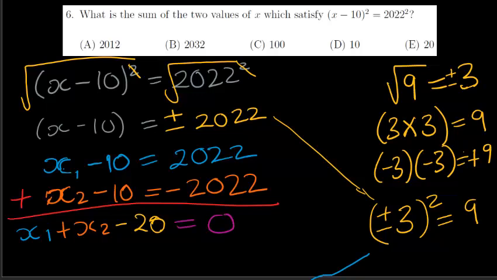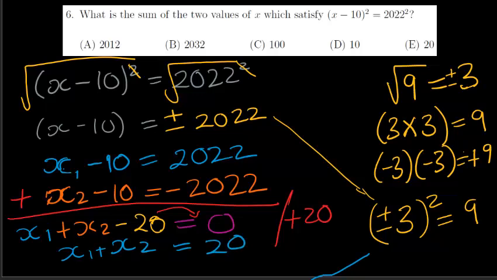I hope we're in agreement. So my next step is going to be to take this 20 to the other side, right? So I'm going to say plus 20 on both sides. So what do I have? I have x1 plus x2 is equal to 20. All right. I hope this made sense to you.